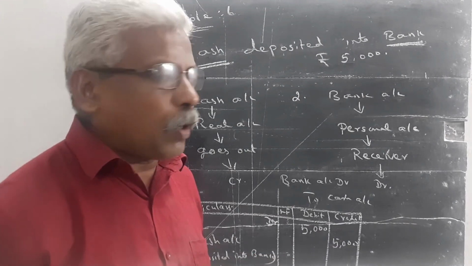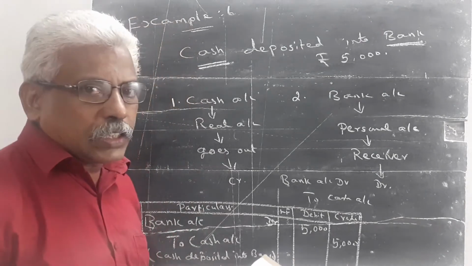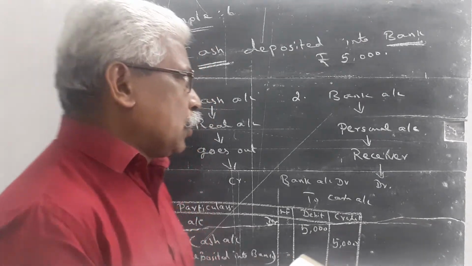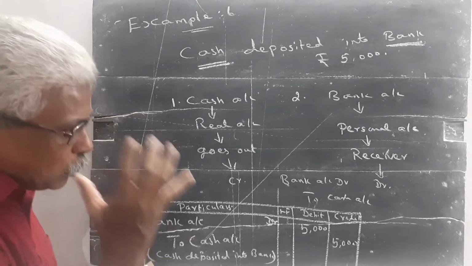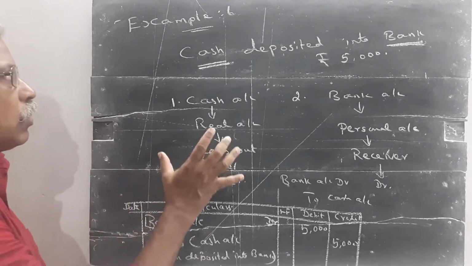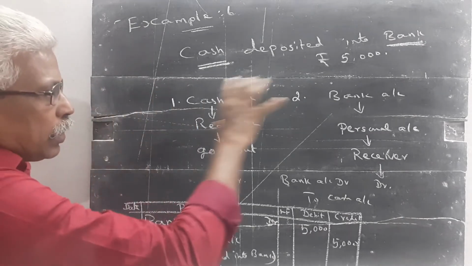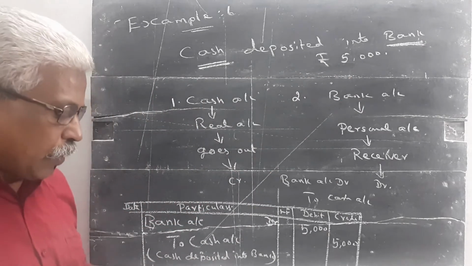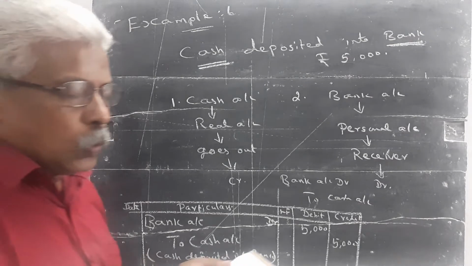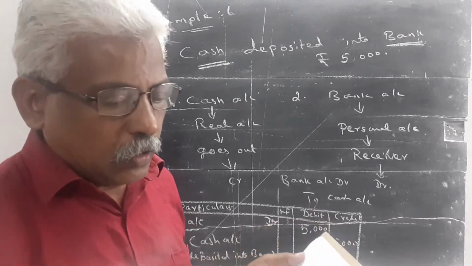Writing is very, very important. In commerce we just study it, mark it and study. If you write it in the accountancy notebook, the account book, then only will you become thorough. So buy an account book and write all these questions. If you have any doubt, refer to the textbook. That's all.